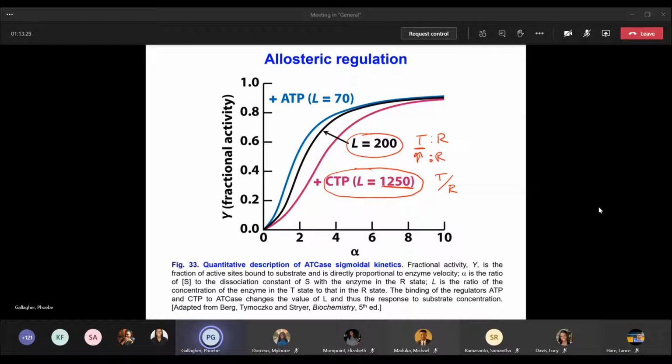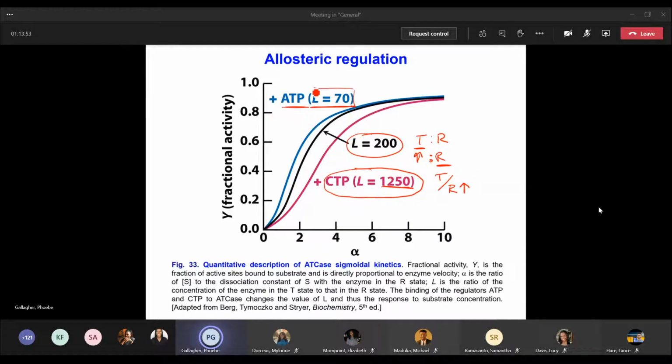On the other hand, if you have an activator, you're going to have more of these enzymes in the relaxed state. The relaxed state is the conformational change associated with an enzyme being more receptive to binding the substrate. So if the denominator is a bigger number, this number is going to be smaller.